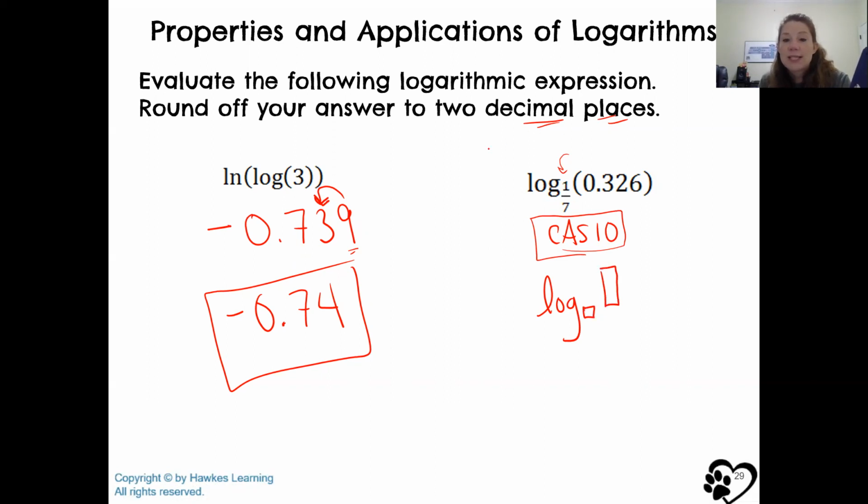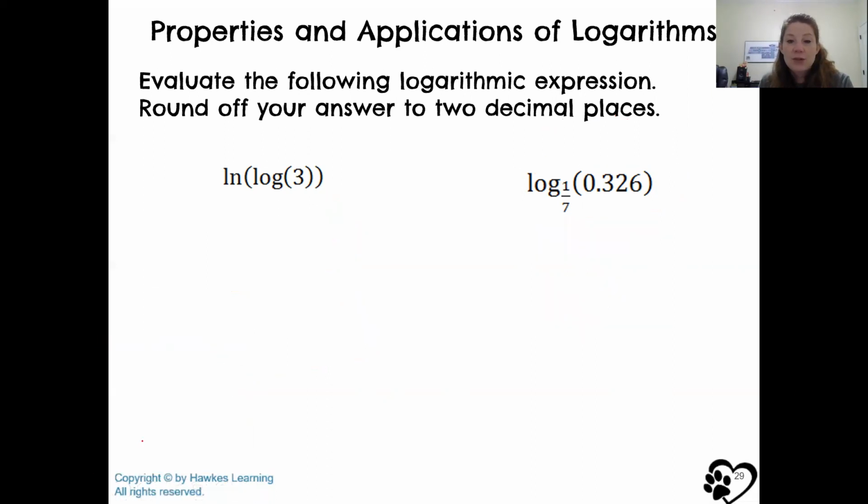That means you get to type this in exactly like you see it in the Casio. Everybody else, we have to change it so that we can still use our calculators. So basically, if you don't have the Casio, if you just have a log base 10, or your calculator just says log and there's no box down here, then what you're going to do is this format.